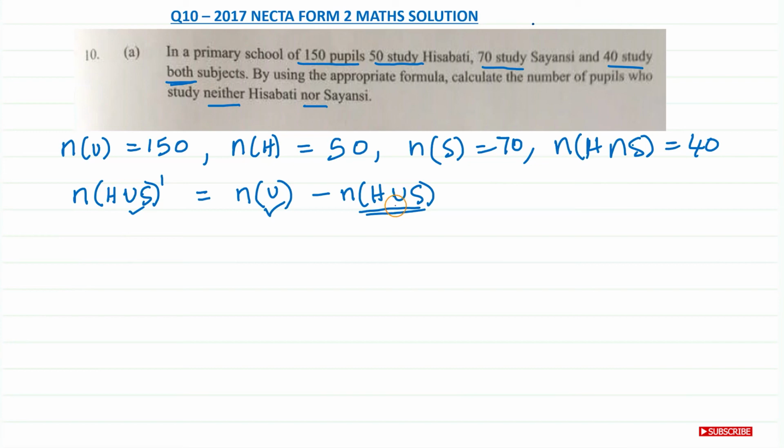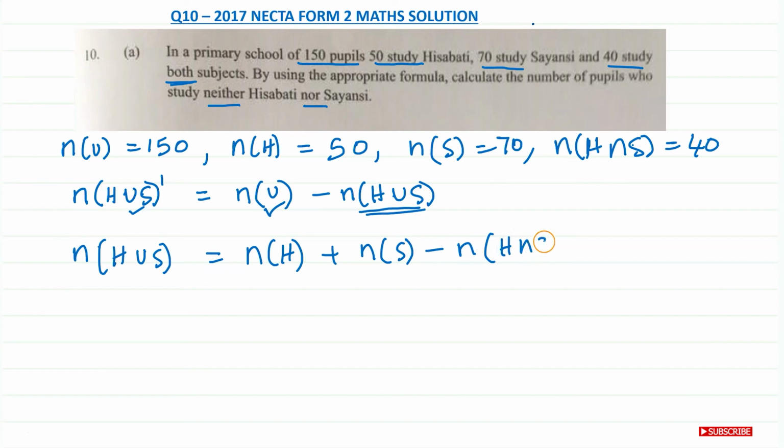Well, now there's two ways of doing this. You can find this using the Venn diagram, but you can also use a formula. So I'm just going to quickly use the formula. So number of H union S is going to be equal to the number of H plus the number of science minus the number of H intersection S. So we need to find this.